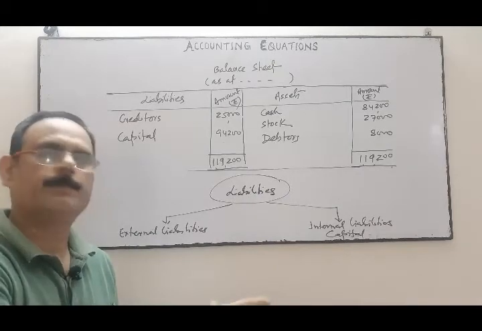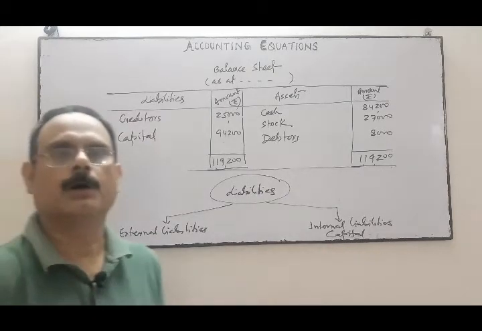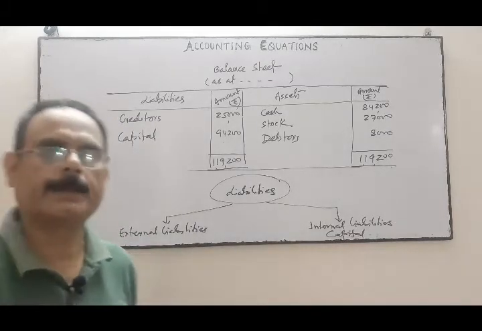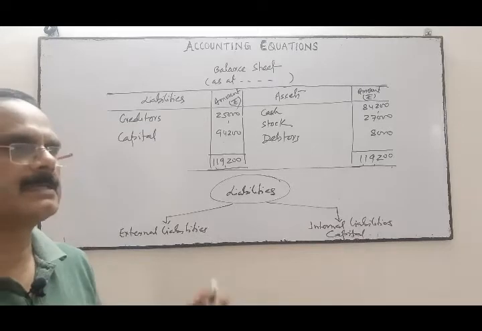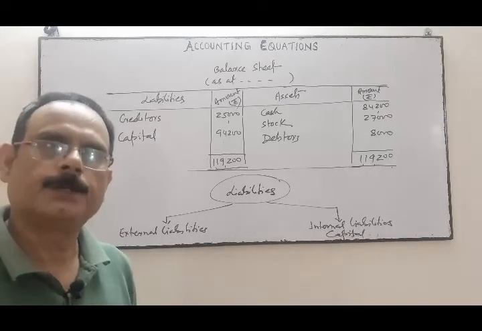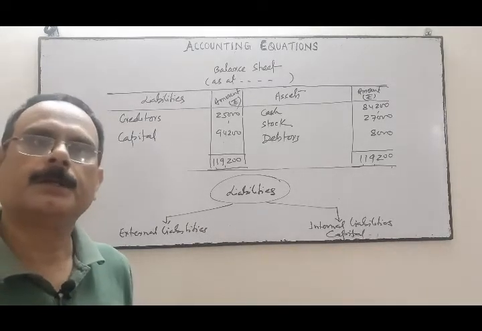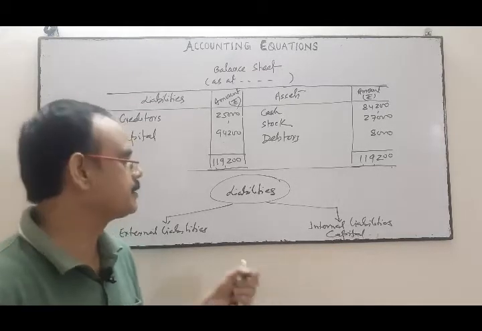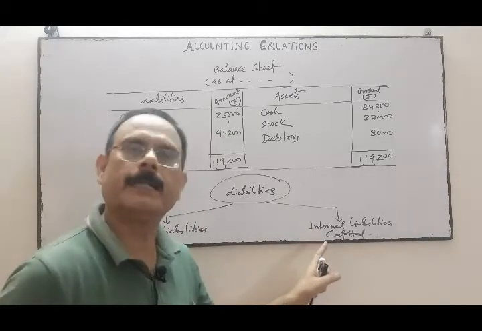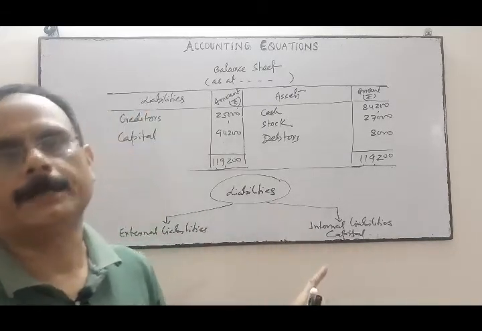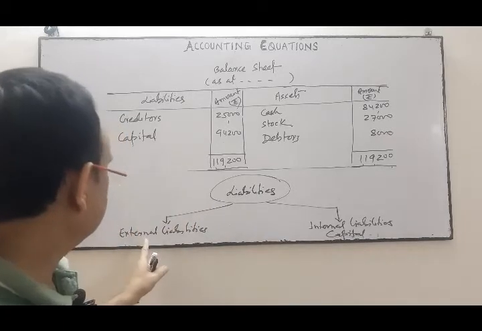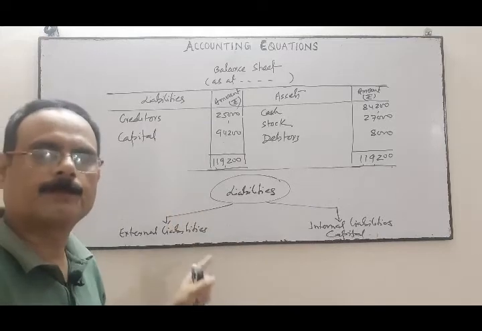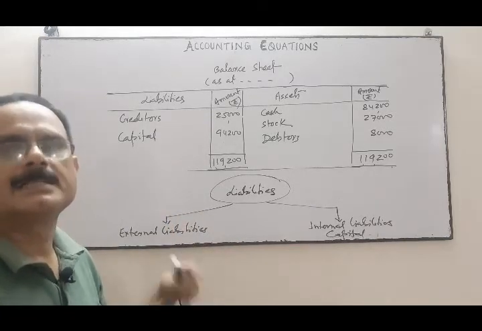When the business has taken or will take any loan from a firm, that will be an external liability of the business. And when the proprietor has given money into the business as capital to earn profit by taking some risk, that is also a liability, but an internal liability. So capital is the internal liability, and all external liabilities are like bank loans, loans from financial institutions, creditors, suppliers.